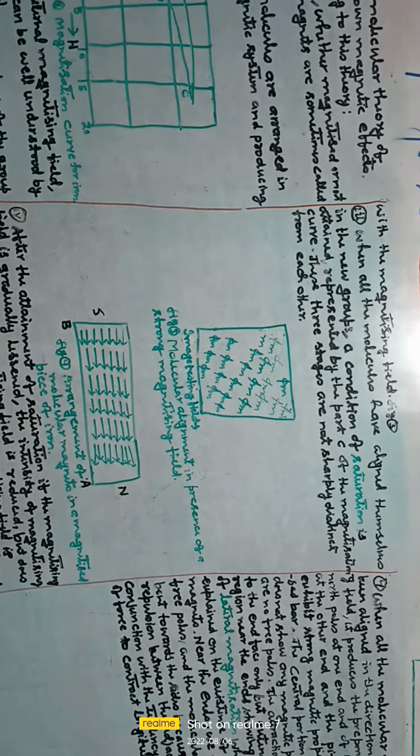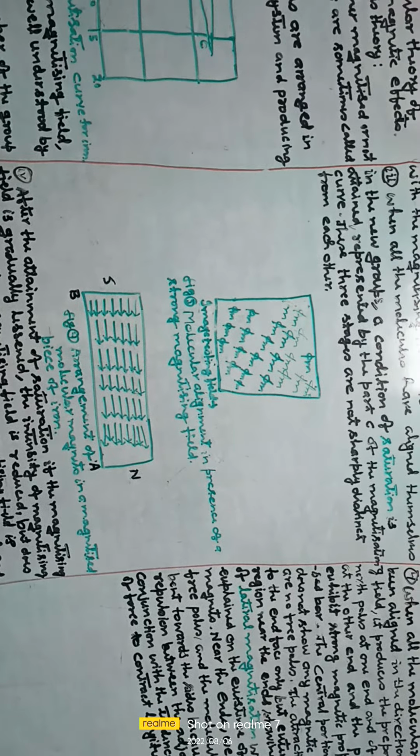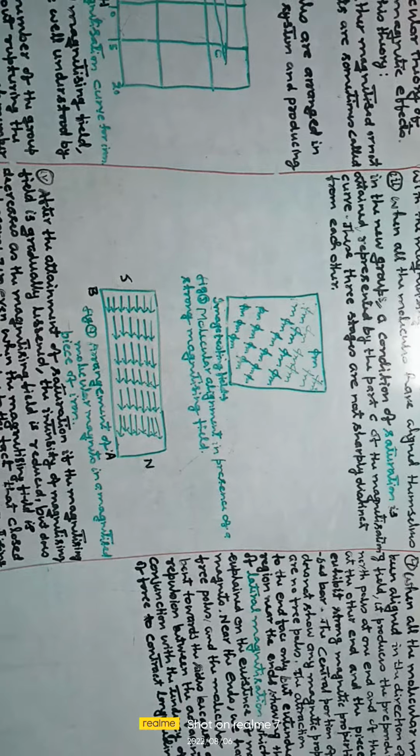These three stages are not sharply distinct from each other, as shown in figure 3. The molecular alignment in the presence of a strong magnetizing field is shown in figure 3.